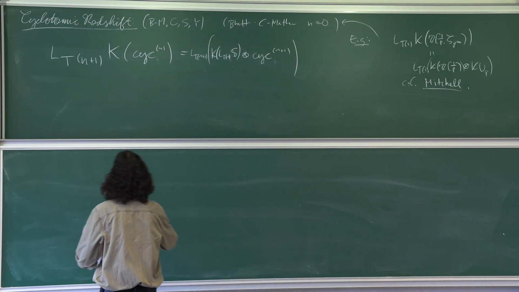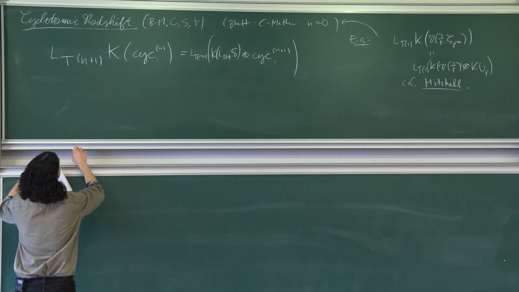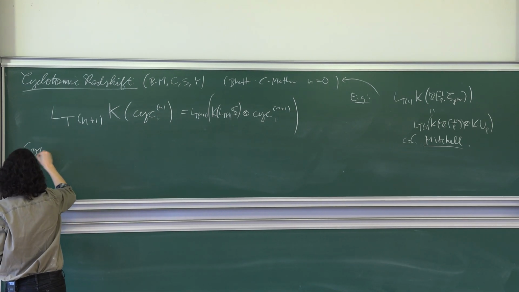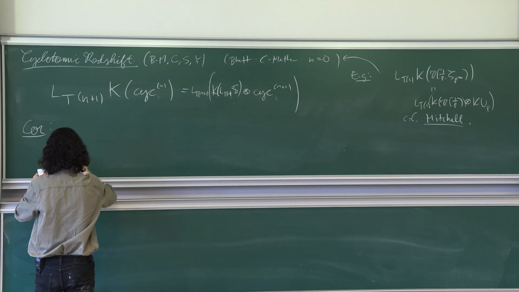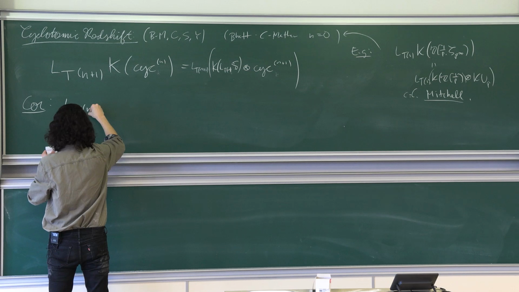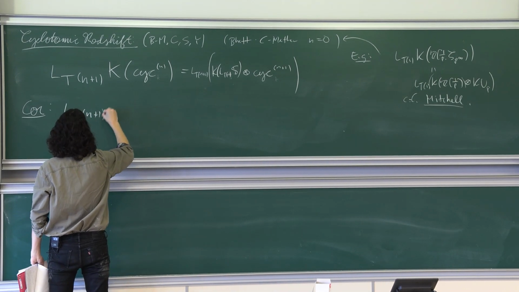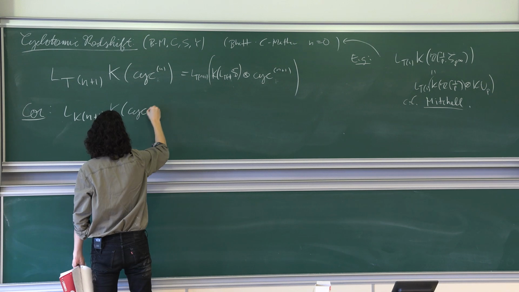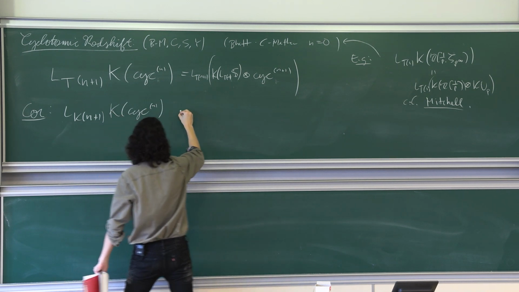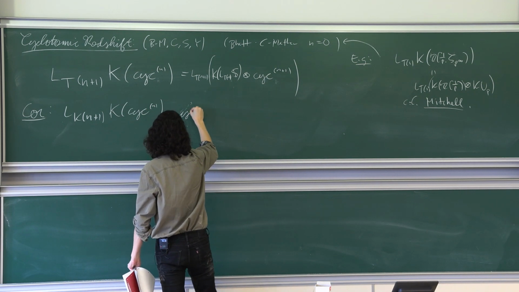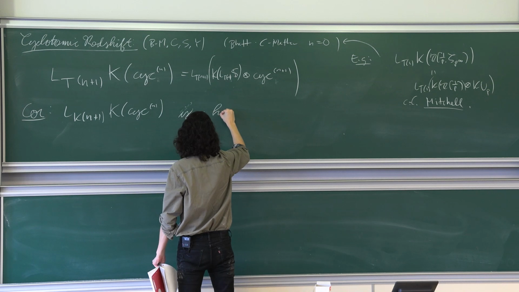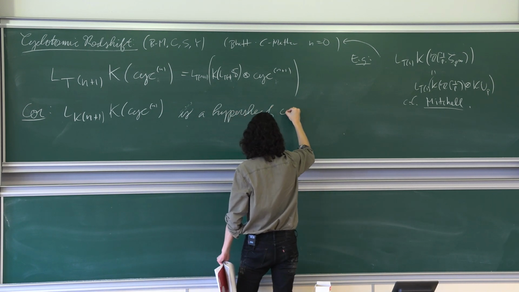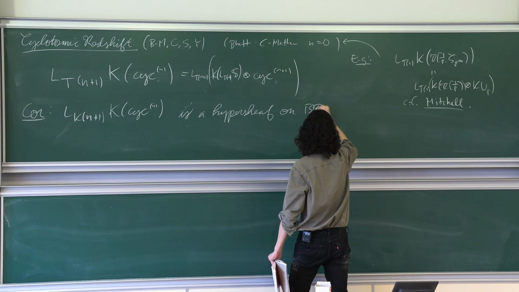Okay, so a corollary is that LTn plus 1, if you take Kn plus 1 instead of Tn plus 1, K theory of the nth cyclotomic tower, this is a hypersheaf on BZp cross.